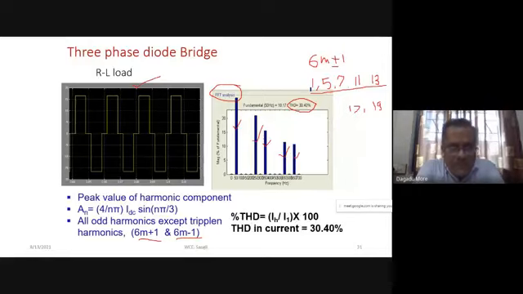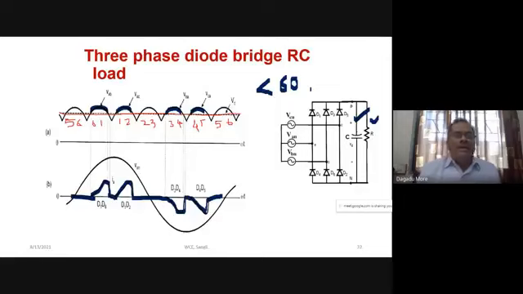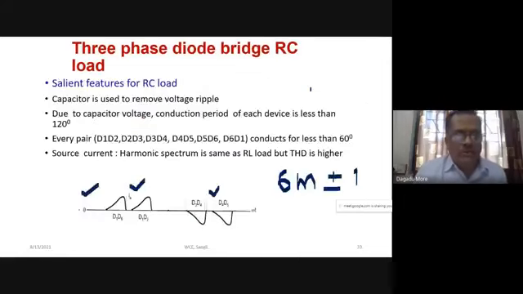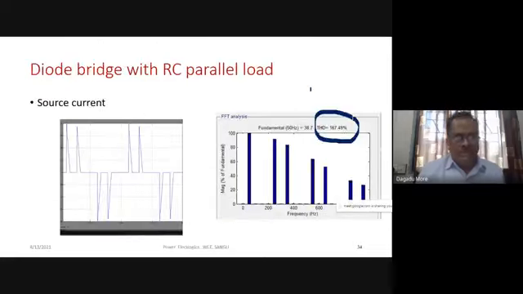Whereas when it works with RC load, the harmonic spectrum remains the same, but the THD will increase, and our source current will have 2 positive current spikes and 2 negative current spikes. We simulated this with the help of MATLAB, and we found that the THD is around 167.49%.